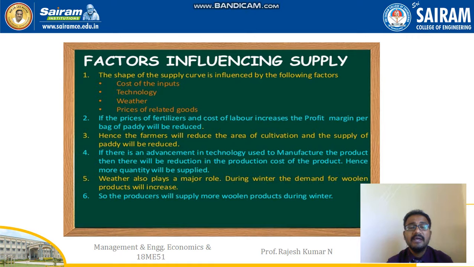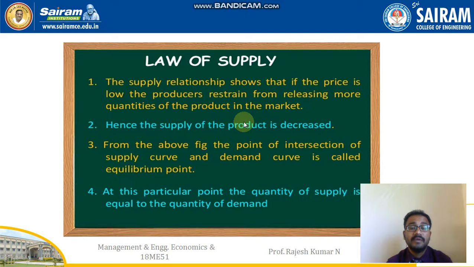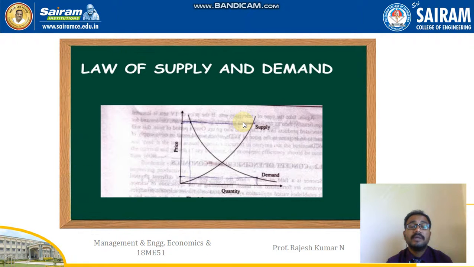So here I have taken a farmer example for the supply, and a TV set example for the demand. If you are okay with these two examples, you can write the same examples in your examination, or else one more example I said is the mobile phones. And here I do not want to brand any particular mobile phones. If you are comfortable with the Redmi mobiles, you can go with the Redmi mobiles.